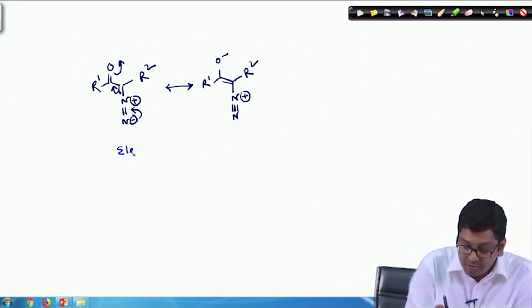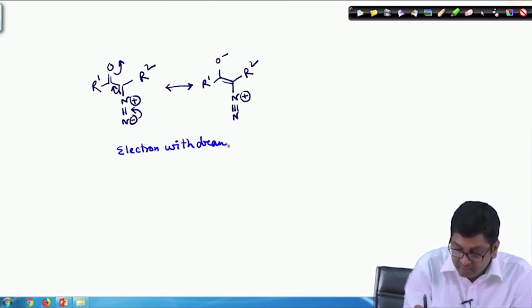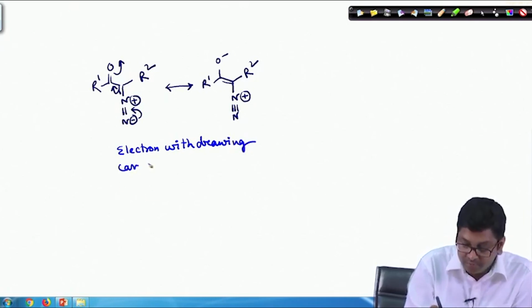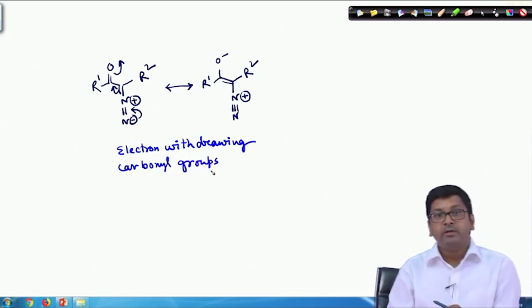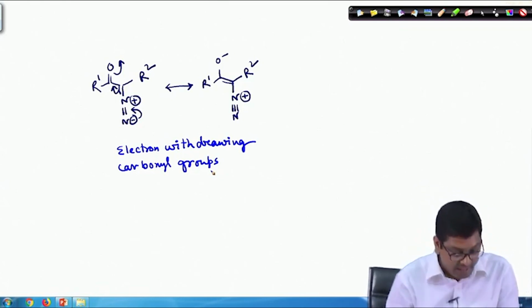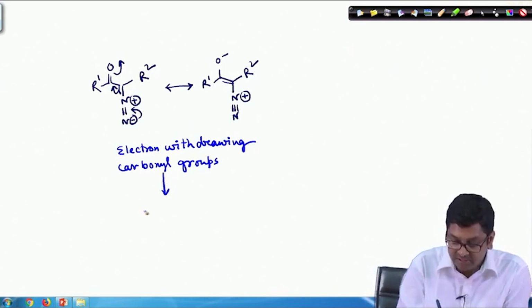Electron withdrawing carbonyl groups. Okay. So, electron withdrawing carbonyl groups stabilize the diazo dipole. Okay. So, this actually triggers the stability. Okay.